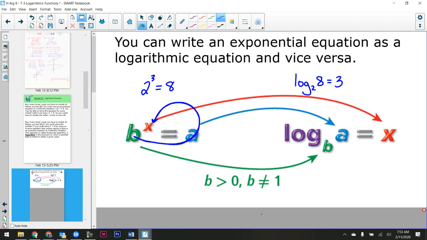I could transfer going forward and backward, because these statements are equivalent. You could say b to the x is equal to a. However you want to think about it is fine. Just know the conversion.